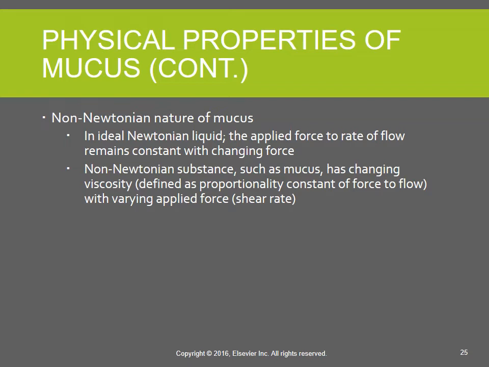Evaluation of mucus properties is complicated by the fact that mucus exhibits non-Newtonian rheology. A non-Newtonian gel, such as mucus, has changing viscosity with varying applied force, or shear force. As the shear rate increases, the apparent viscosity of mucus usually decreases.